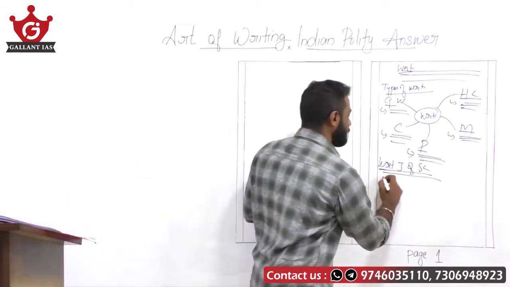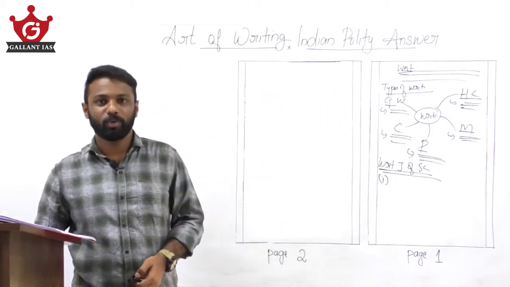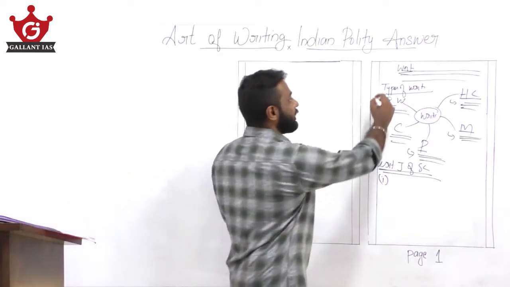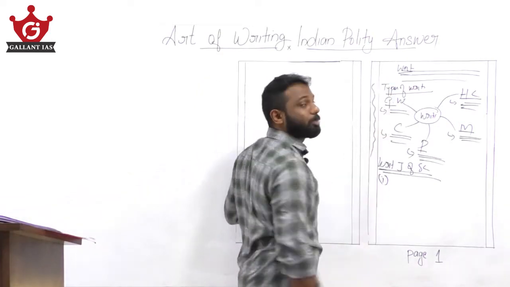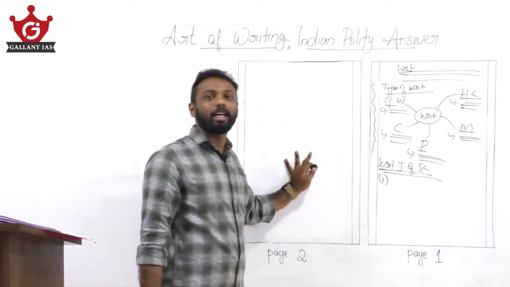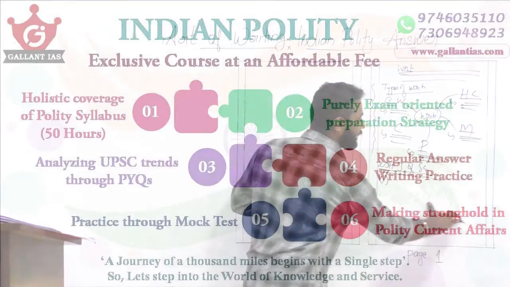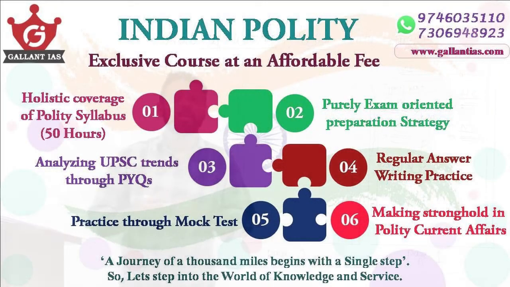Make your answers in bullet points or give numbers 1, 2, 3 as well. As I always say, please don't write your bullet points in this space provided, because this is for the evaluator and not for us. We must write everything within the answer area only, or else you may get negative marks for your answer.